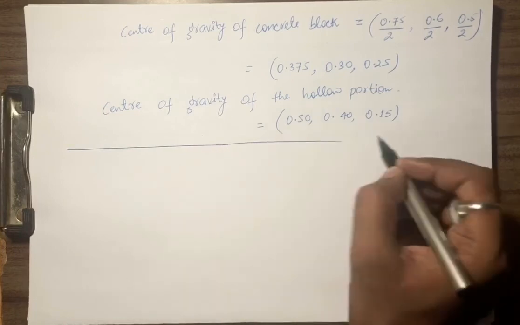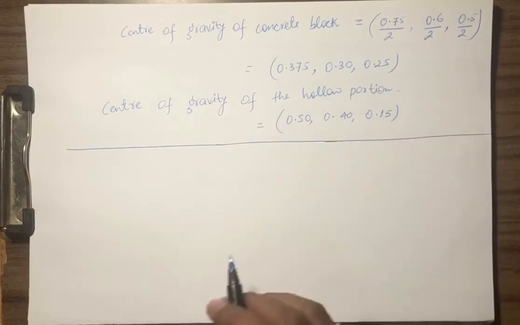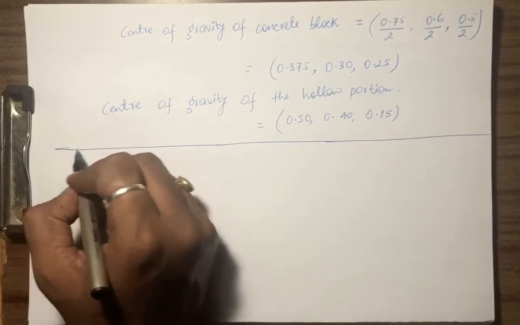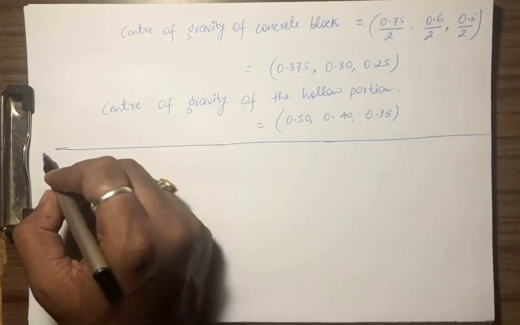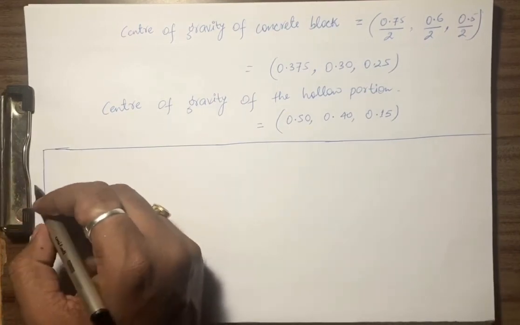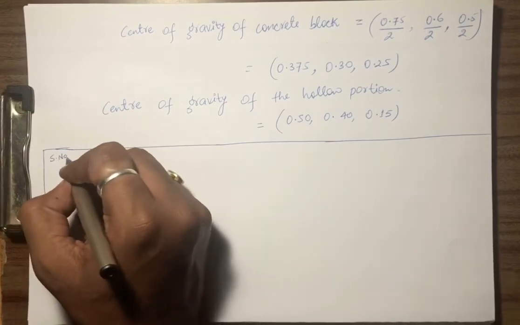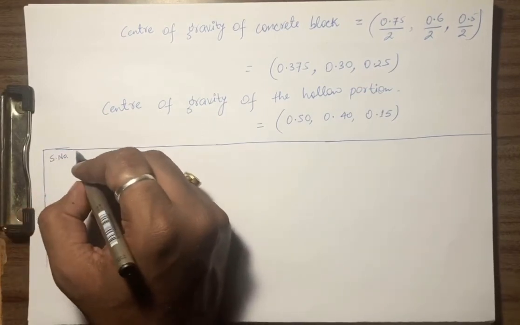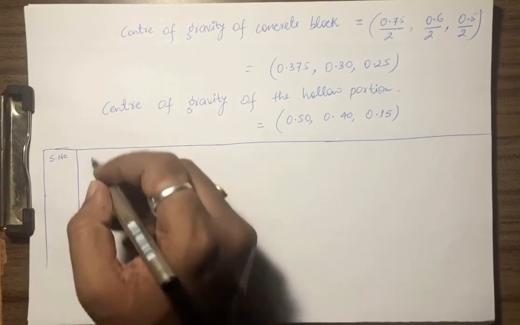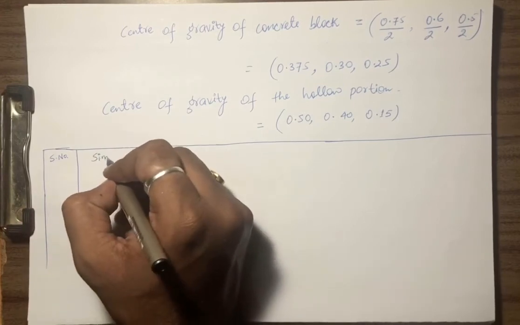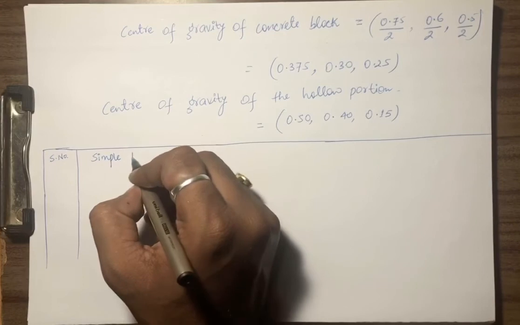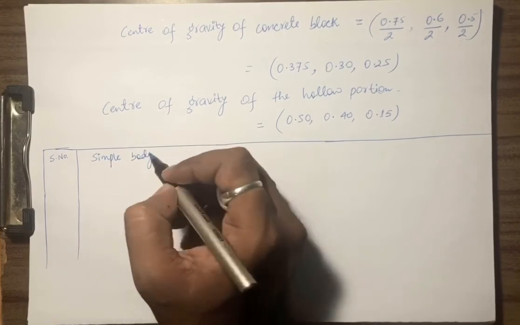For a composite section, always try to make a table like this, so it will become easier for you to calculate. We are dividing it into simple bodies.